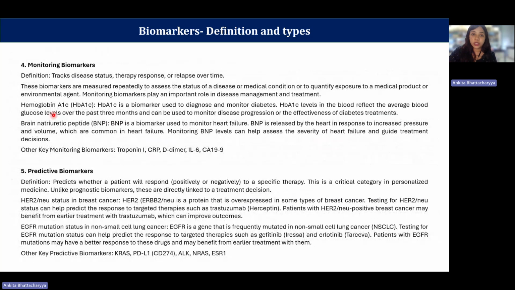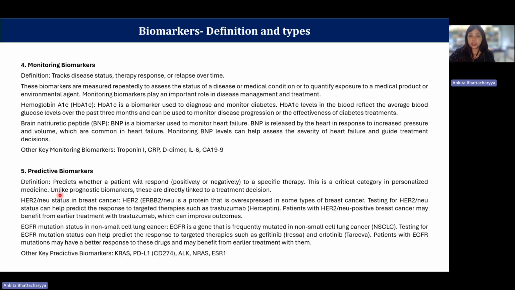Then we talked about monitoring biomarkers, which are used to monitor the evolution or progression of a disease in an individual over time, so that clinical management and treatment can be decided accordingly, and that individual can be under supervised care for a very long period of time.